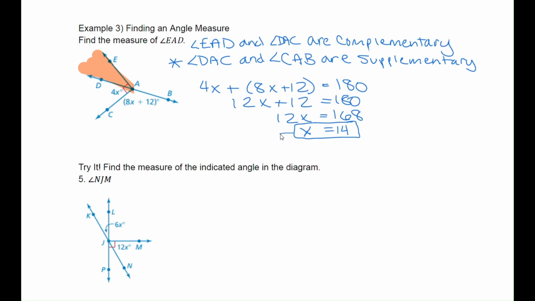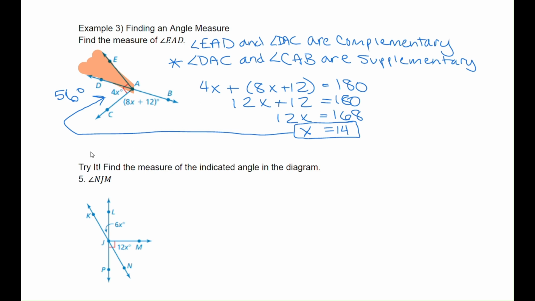So let's use this knowledge and find out the measure of DAC. I'm going to do 4 times my x value. So 4 times 14, that's going to tell me that angle DAC is going to be 56 degrees. Now I'm going to use that first fact I have listed here.